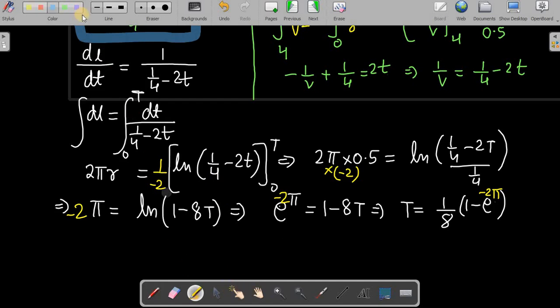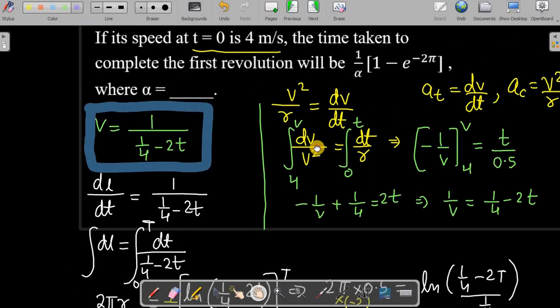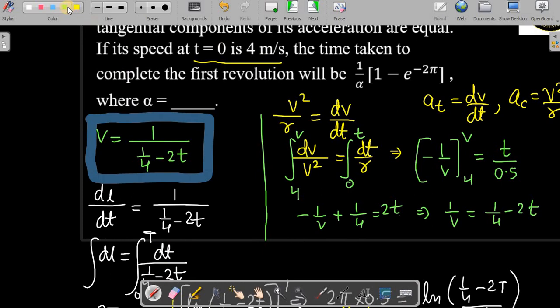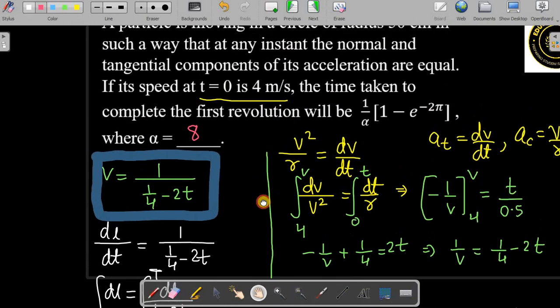So there can be mistakes in such complex types of questions. There are some questions which are a little bit complex. So the alpha value is coming as 8. We can just compare with this. This factor is coming as 8. Okay, then let's move to the next.